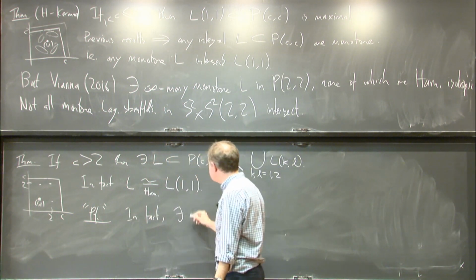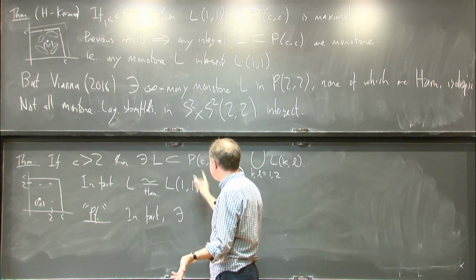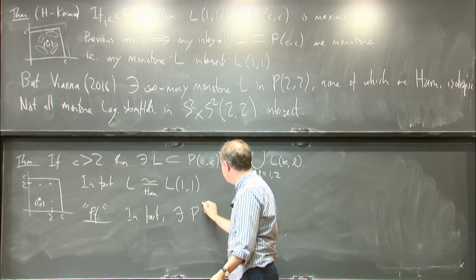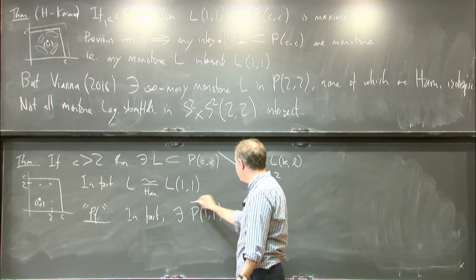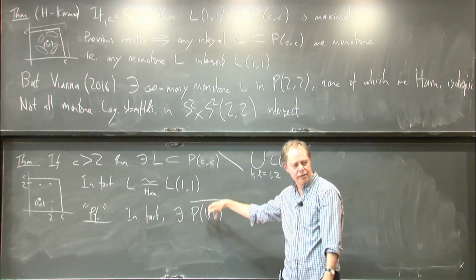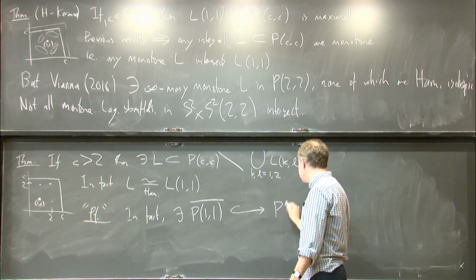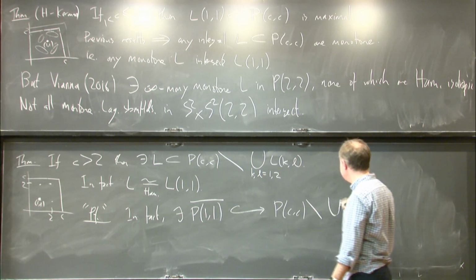So there exists an embedding of the closed polydisk 1,1, and you can embed this inside PCC minus the union of those L's.